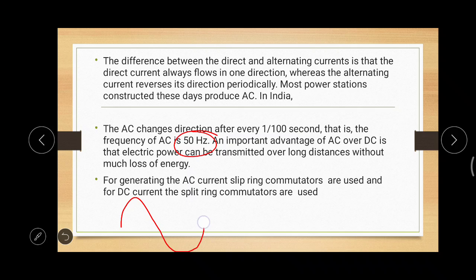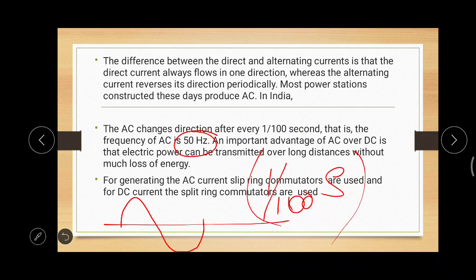So the time required for the change of polarity will be 1 by 100 second, from positive polarity to negative polarity.